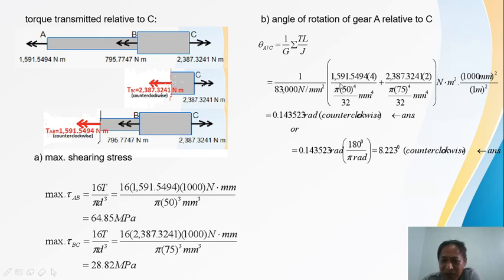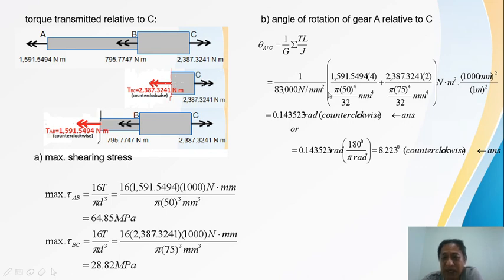Then plus, since all are counterclockwise. But if one is clockwise, you put a negative. Take note which one you assign negative, counterclockwise or clockwise. Since all are positive, the result must be counterclockwise. By the way, the unit here is newton meter squared, correct? Convert the meter squared to millimeter squared.